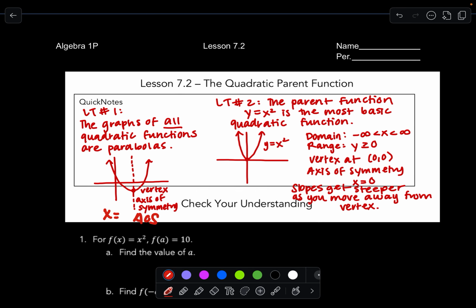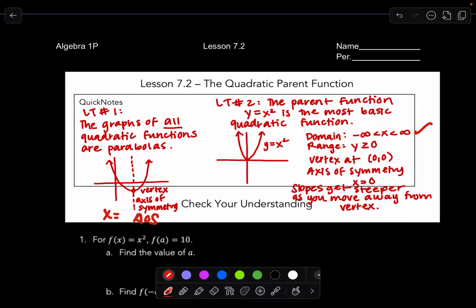Learning target number 2, the parent function y equals x squared is the most basic quadratic function. This is it right here. The domain is all real numbers. And the range is y is greater than or equal to 0 because it's above the x-axis. The vertex is at 0, 0, and the axis of symmetry is x equals 0.